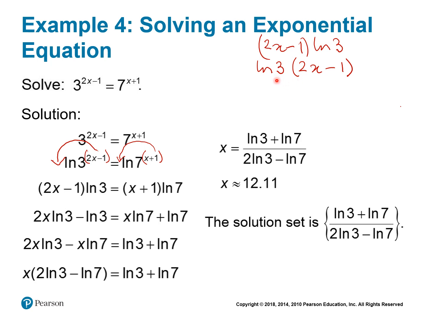So they have multiplied ln 3 times 2x and then ln 3 times minus 1. And that's why we have here 2x times ln 3 minus ln 3 equals, on the other side, same thing, distribute and multiply. So x times ln 7 plus ln 7 times 1, which is ln 7.